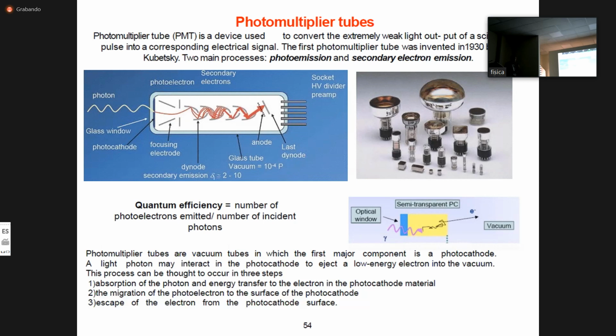And this process allows you to significantly increase the number of electrons. For example, one initial electron, at the end of this way, you will get up to 1 million electrons. So when these electrons come to the last dynode, or the anode, you can collect them and get the electric charge.